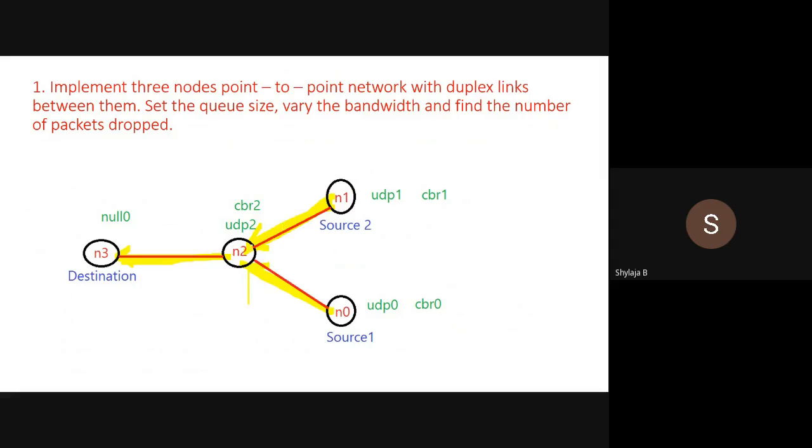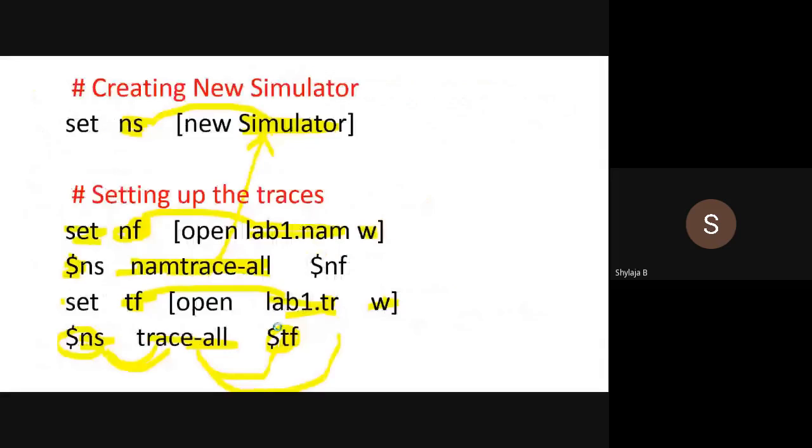So it has to store the packets temporarily in a queue. What is the queue size? For each connection there will be a queue: from node 0 to node 2 one queue, and from node 1 to node 2 another queue. Now we want to set the maximum number of packets each queue can hold, and that we are setting here.